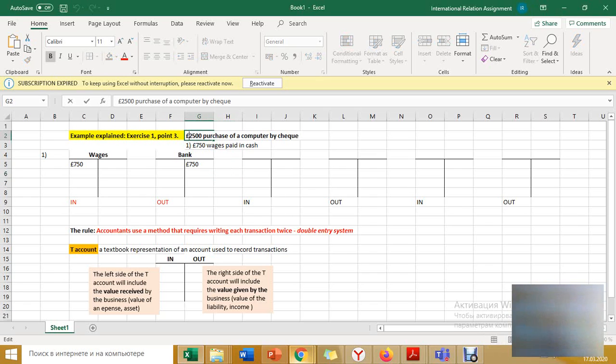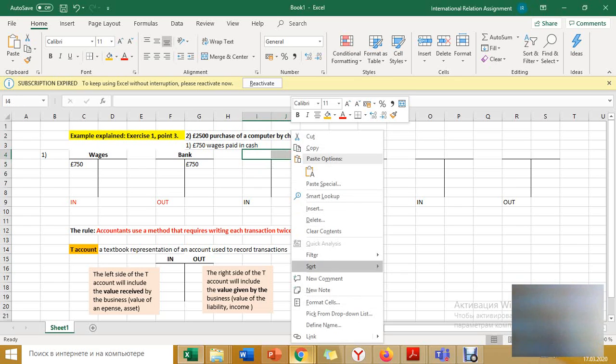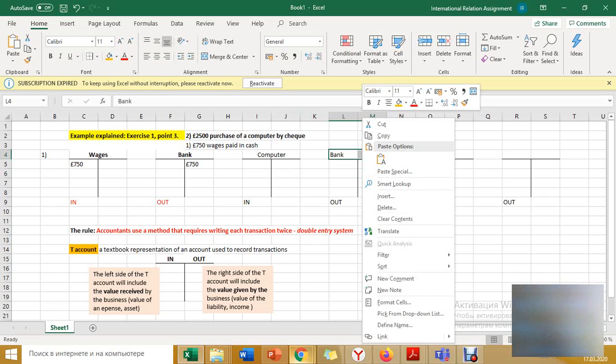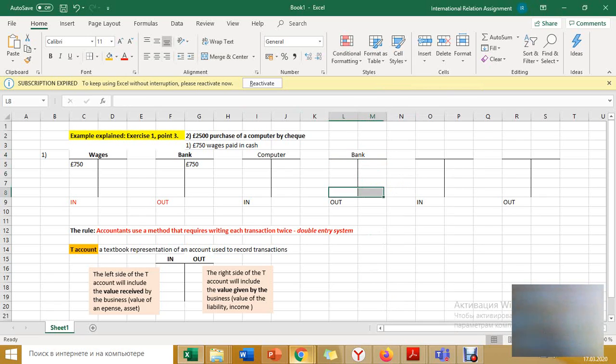Then we have example number 2, which asks you to work with the purchase of a company computer by check, right? So basically we'll have an account for computer, and bank, because the bank account is the one that includes the payable transactions, right?